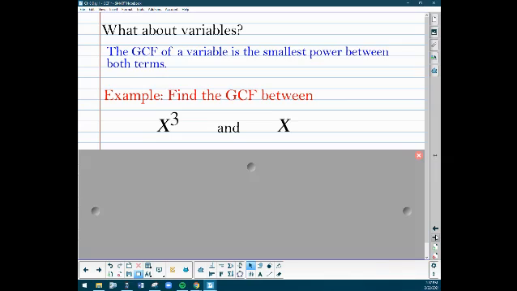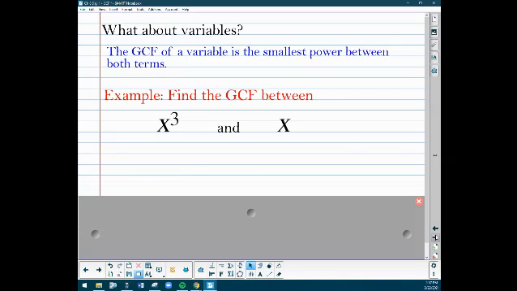Find the GCF between x to the third and x. If we expand these and think about factors, like we did last time, x to the third is x times x times x, and x is just x. Now I want to think about how many they share.